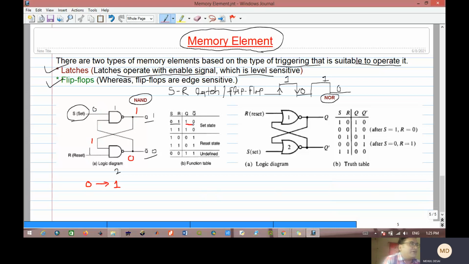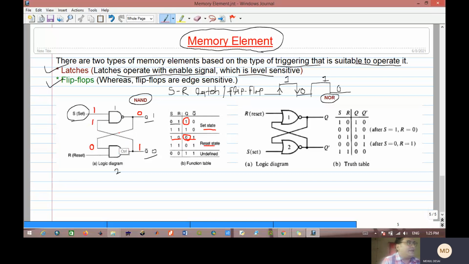So we get the answer 1 and 0. Similarly, if the input is 1 and 0, this output is 1, and then 1 and 1 gives 0. So we get 0, 1. Here the output Q equal to 1 is called the set state, and here Q equal to 0 is called the reset state.